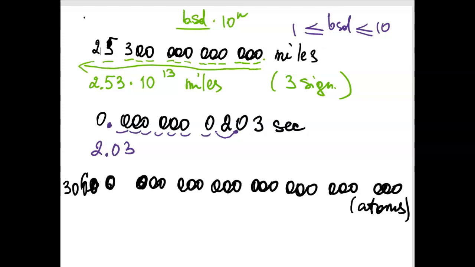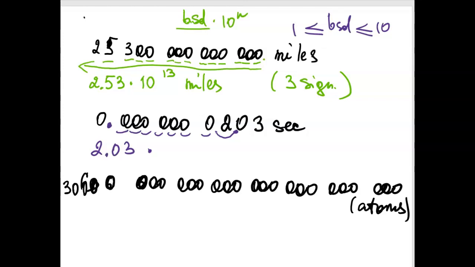And let's recalculate how many spots I moved my decimal point. 1, 2, 3, 4, 5, 6, 7, 8. So, okay, 8 spots. When I moved my decimal point to the right, I made this number bigger.